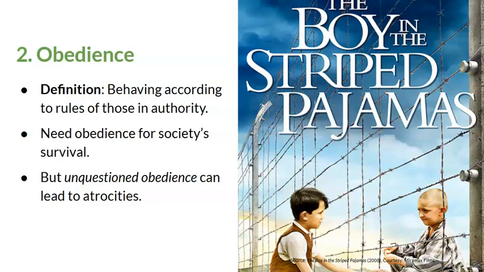One young boy is the son of the German commandant, and the other young boy is a Jewish boy imprisoned at the camp. Unfortunately, the unquestioned obedience of most German soldiers, despite knowing the consequences of their actions, led to the death of hundreds of thousands of people that the German government did not deem worthy.